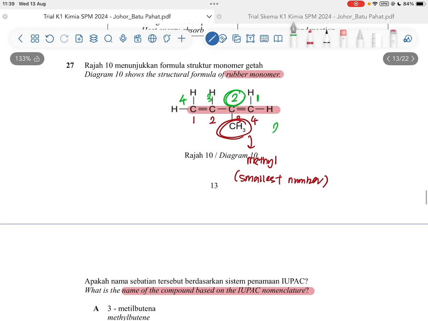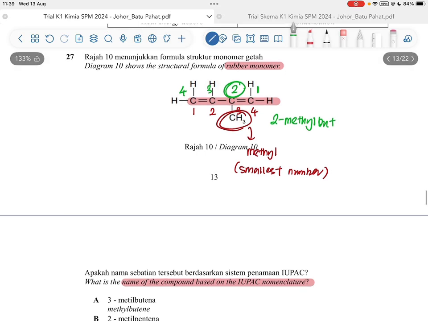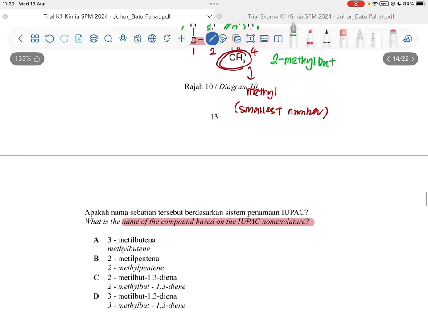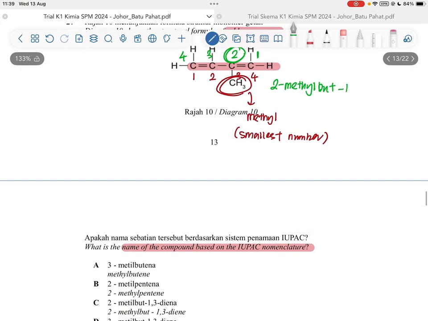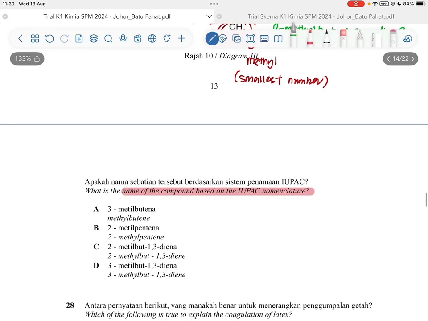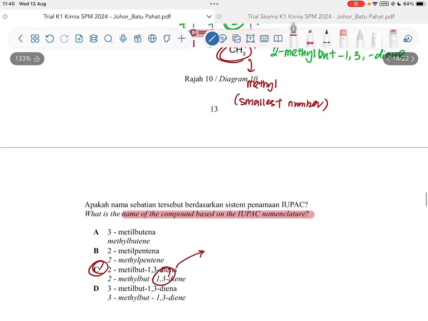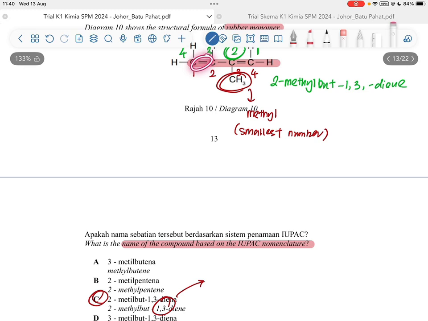So this compound name will be 2-methylbutyl. This is the double bond. The double bond is at 1, 2, 3. So it is 1,3-diene. So the answer would be C. This 1,3 is referring to the double bond here.